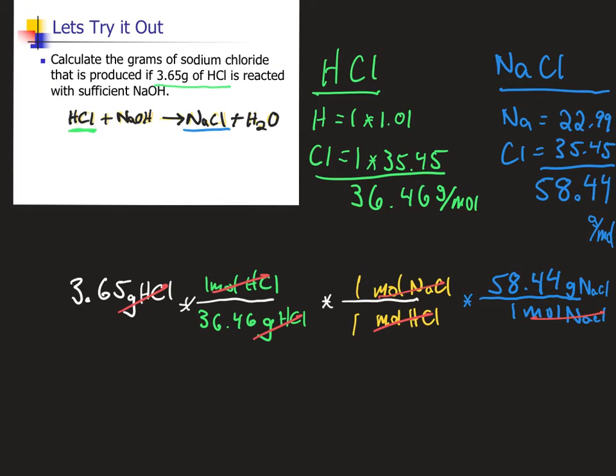So now I can condense it down a little bit and multiply across the top and multiply across the bottom. This one's usually pretty simple because it's 1 to 1.